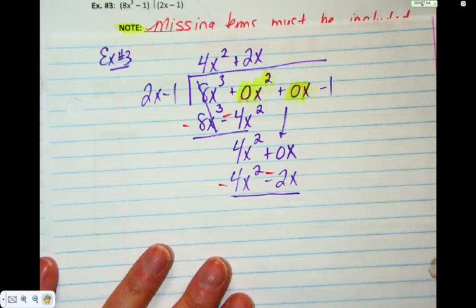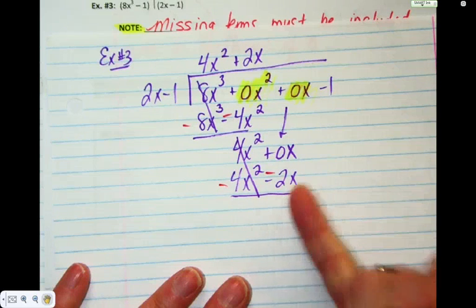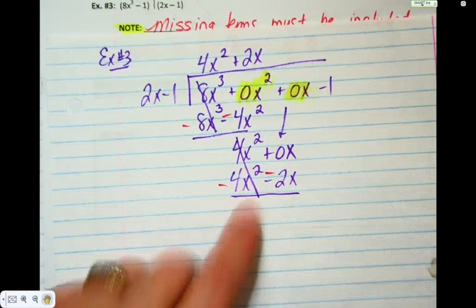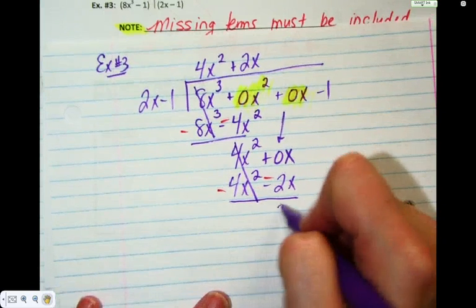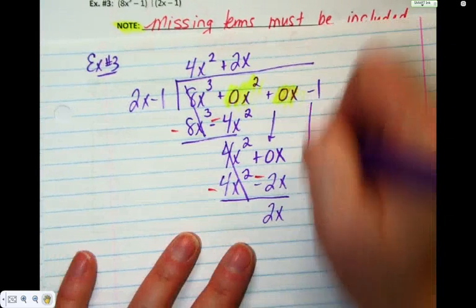Four x squared minus 4x squared. Woohoo! Again, don't let your brain be fooled because that subtraction was there. It's easy just to put down negative 2x squared, but negative negative is positive. Drop down the minus 1.